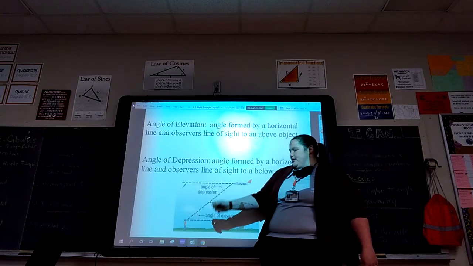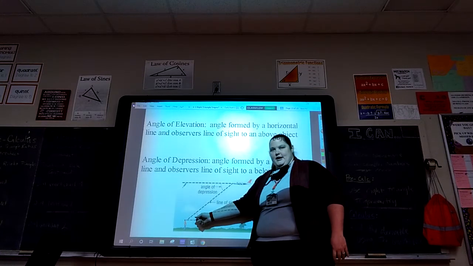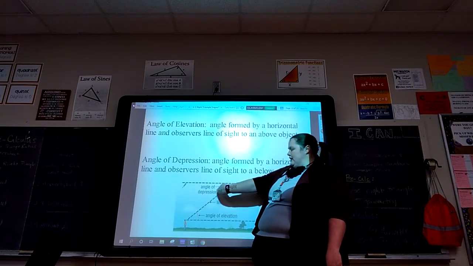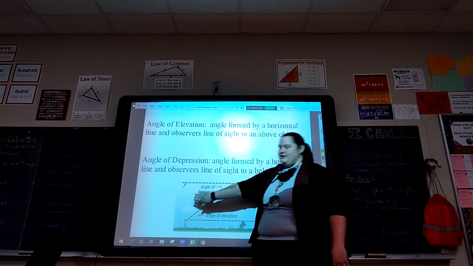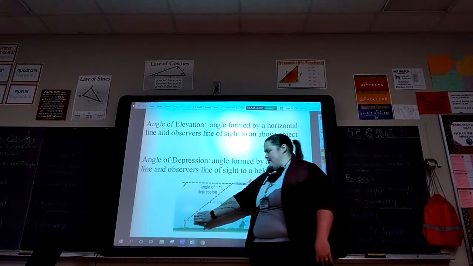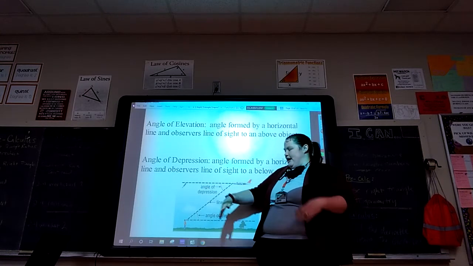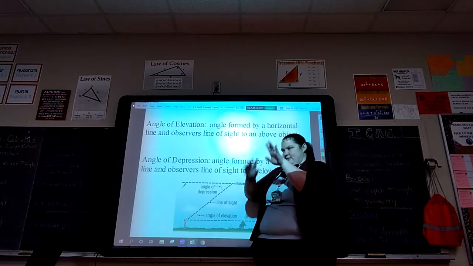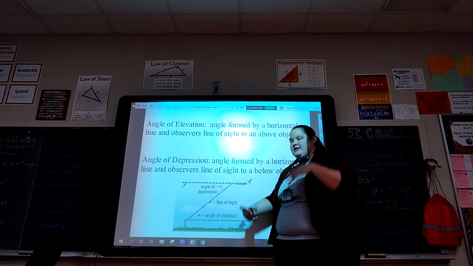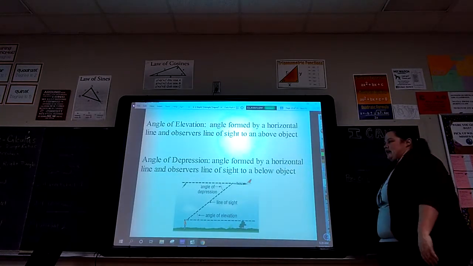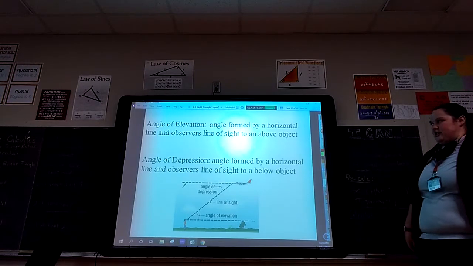So what I always end up using is this angle down here at the bottom. Because we had that from geometry, the alternate interior angles. So these are actually the same angle. It's just typically when we think about angle of depression, it's looking down at an object. We still just draw the right triangle upside down. And the angle of elevation is kind of the right side up triangle. So actually it's working with the same angle each time.